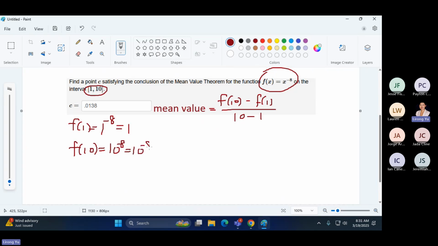I'd rather keep it in this form because if you write it in decimal, it would be 0.000000001, another 0, and then 8. So that's the representation in decimal. It's not as convenient and not as clear as writing a negative power. So let's keep it in the form of 10 to the negative 8 power instead.